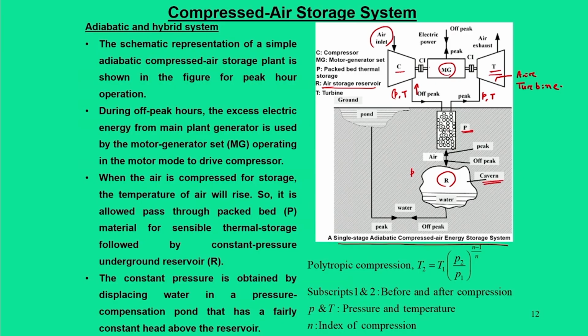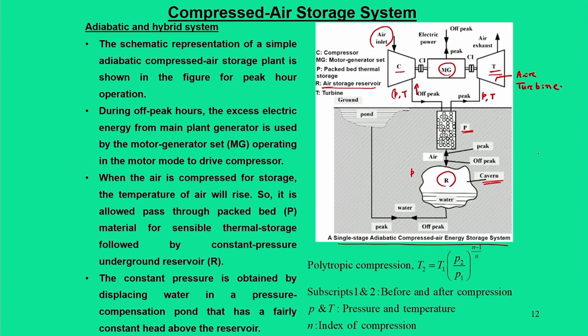Now, typically since this system operates in an adiabatic manner and we are talking about a very high pressure and temperature storage, the conventional gamma and Cp values do change.